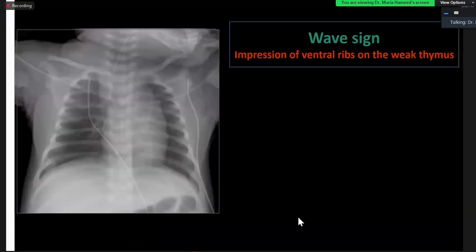Here we are dealing with another case in which you see certain impressions lying on the thymic tissue. Whenever you get this kind of impression, these are basically the impressions of the ribs. Because it's a soft tissue, there is an impression with every respiration.